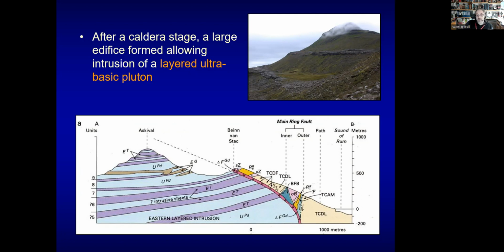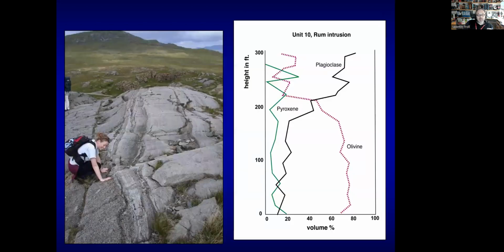And if you look at these individual layers, this is going back to the work by Brown in the 1950s. We have a lot of olivine in this major unit, unit 10, which is kind of the type unit. And then the olivine is reduced. You see the olivine here in this stippled line on the right-hand side. And then the pyroxene is wobbling around, but the plagioclase is rather low in the lower part of the unit, and it actually increases dramatically towards the top.